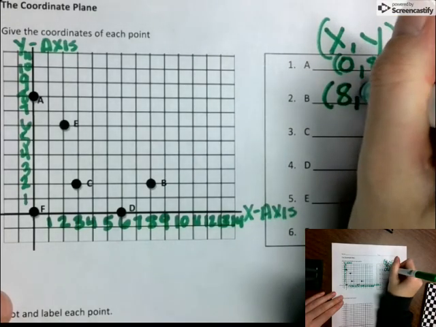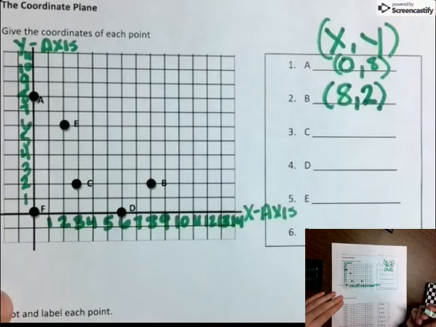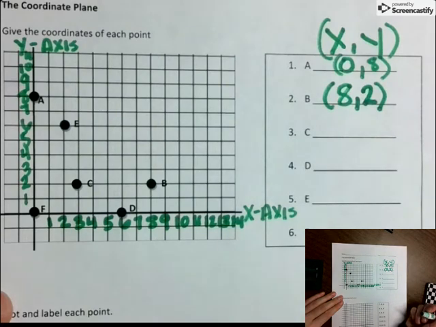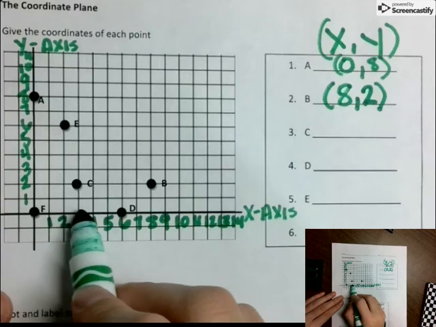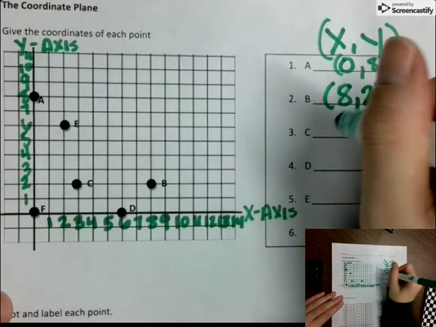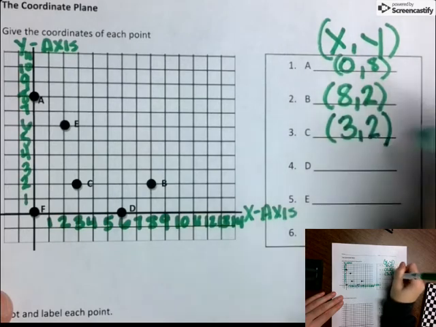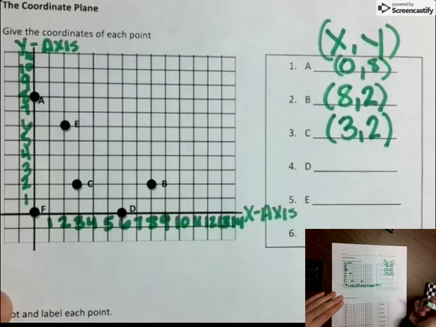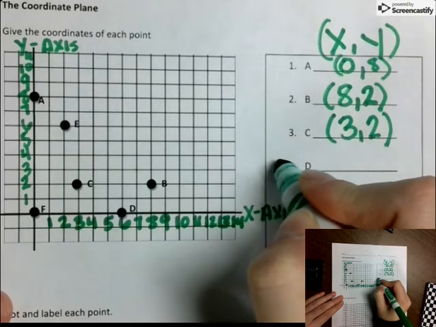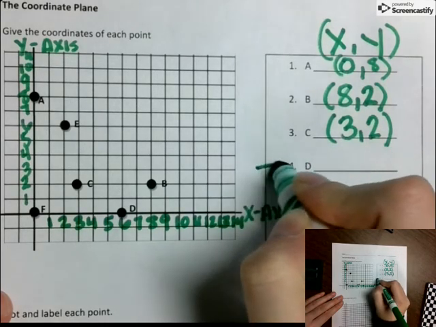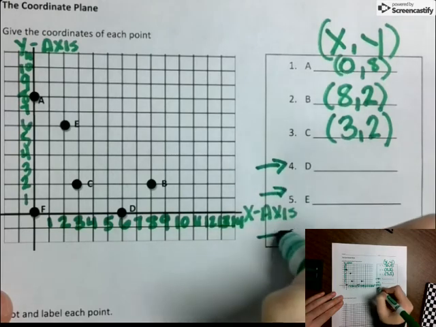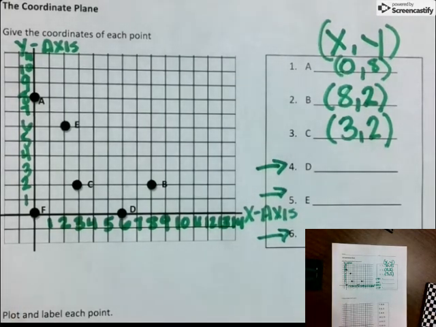For C, I go over to 3 and up 2. Try 4, 5, and 6. Miss Davy, pause the video.